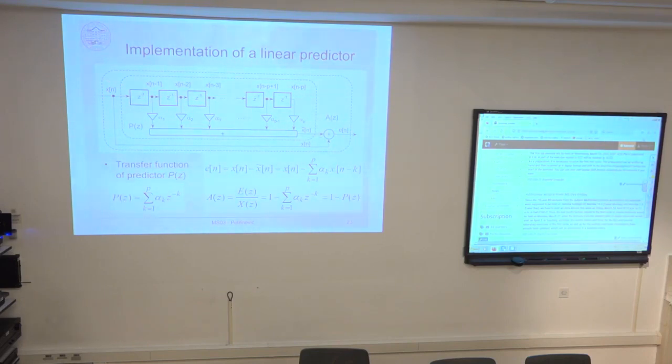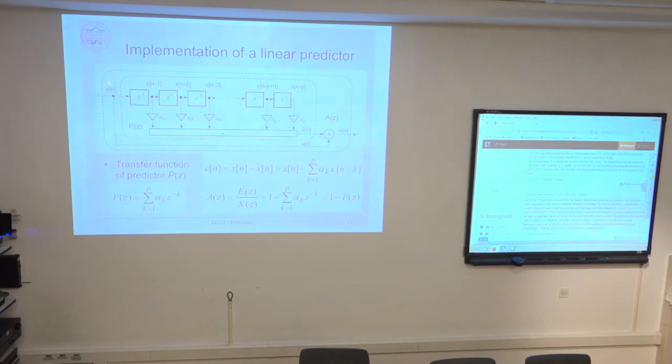So we have not said yet anything about that, but the basic idea is I would like to use this prediction residual E of n and use the inverse of this system A of z to reconstruct the original signal X of n. So that's the basic concept of predictive coding.